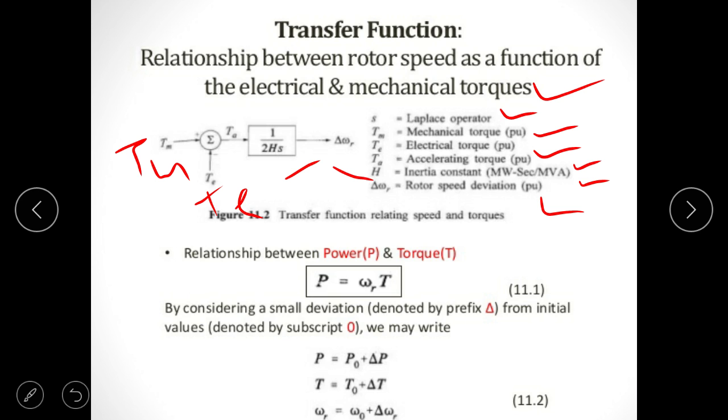So the relationship between power and torque is P equals omega R dot T, where omega R is the angular speed of the rotor.